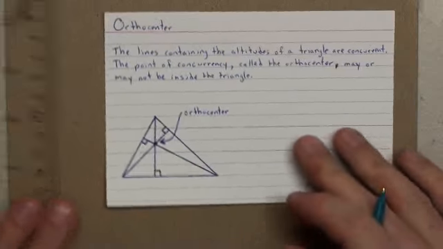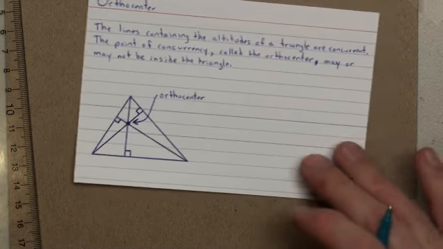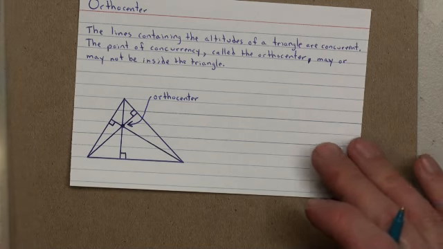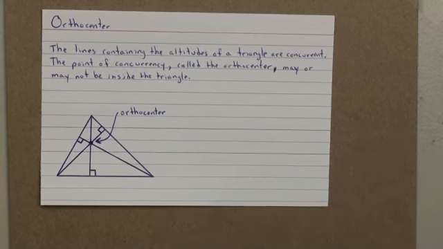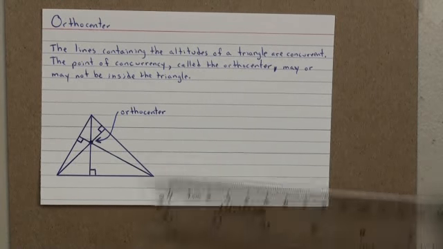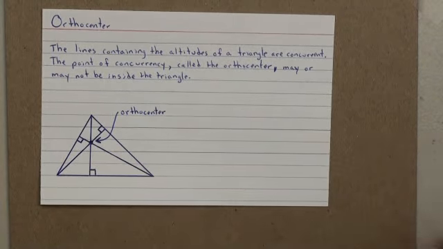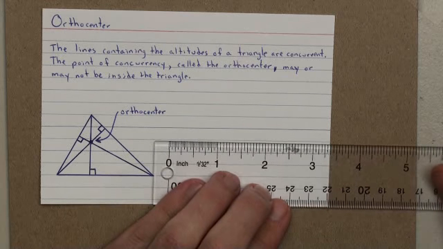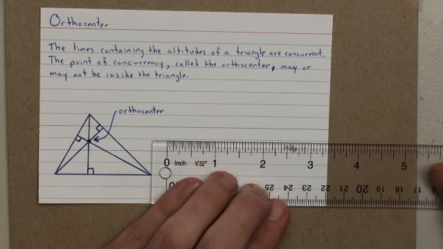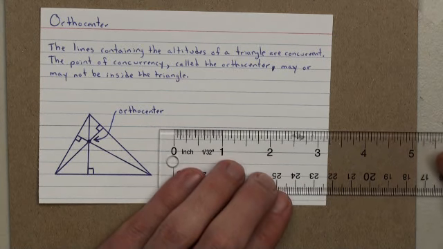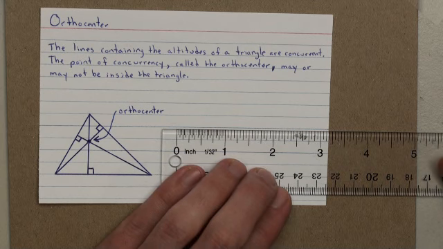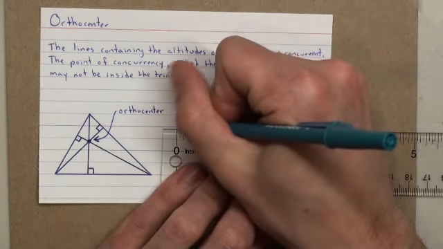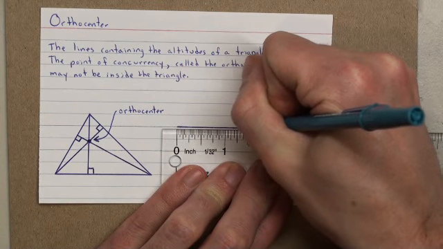Okay? Now, let's draw a picture of a case where the orthocenter will be outside of the triangle. And this has to do with an obtuse triangle. Okay? So let's think, how am I going to draw this? I'm going to need some space below it. So I'm going to make this 1.5 inches.